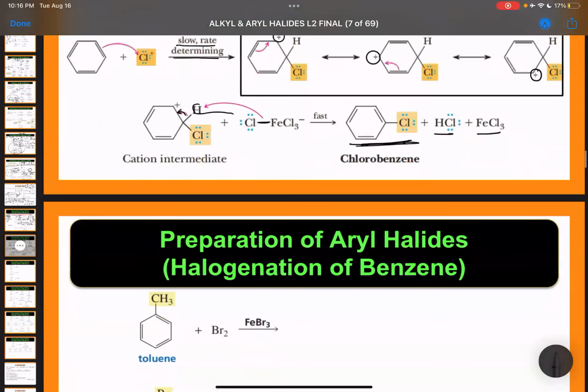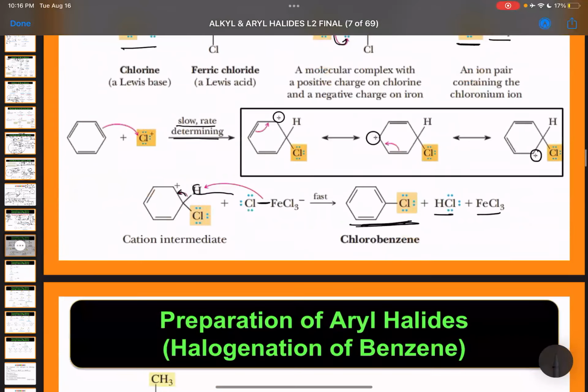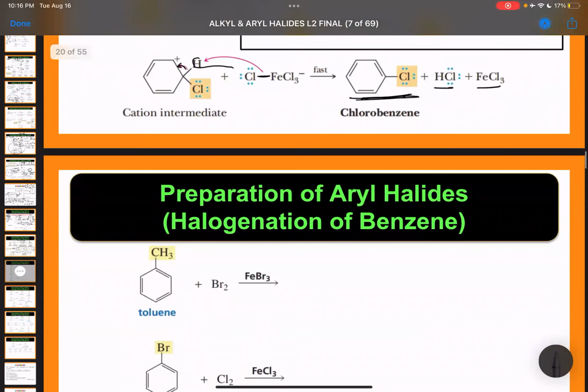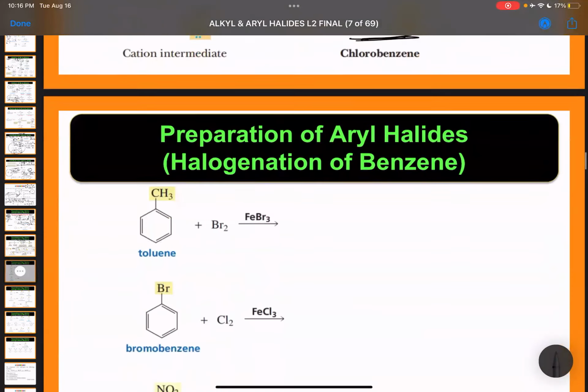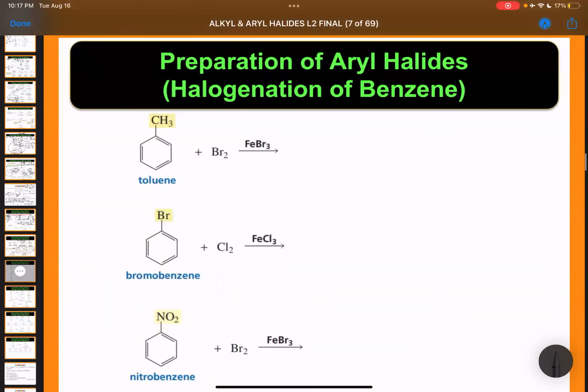Okay, right? So this is the general mechanism. Not only for chlorination and bromination, it is there for the nitration also. Okay. Sir, these substitution reactions will always be carried out in Lewis acids? Not necessary.